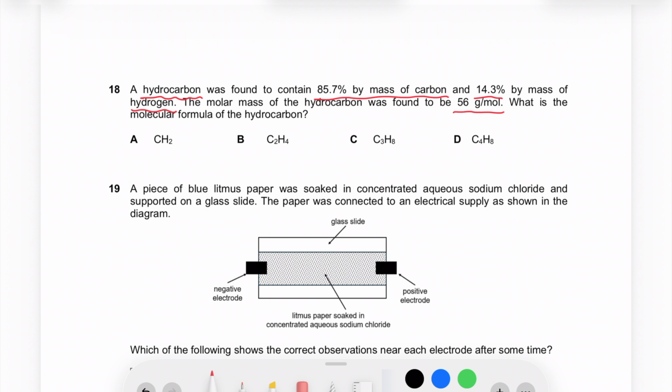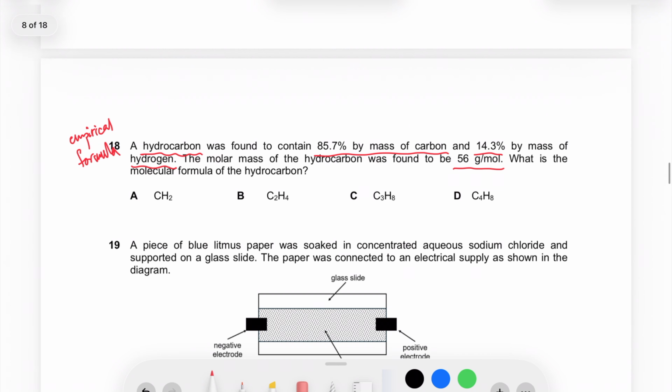Okay, so this is under empirical formula. So you have to come up with your table. So let's just squeeze in here: element, mass percentage, or mass, then it's AR, then it's mole, then it's ratio.